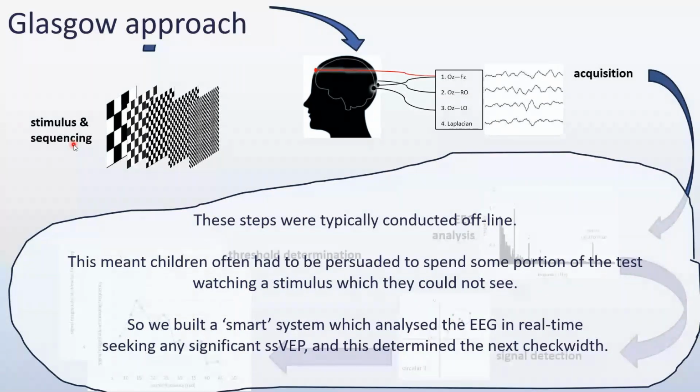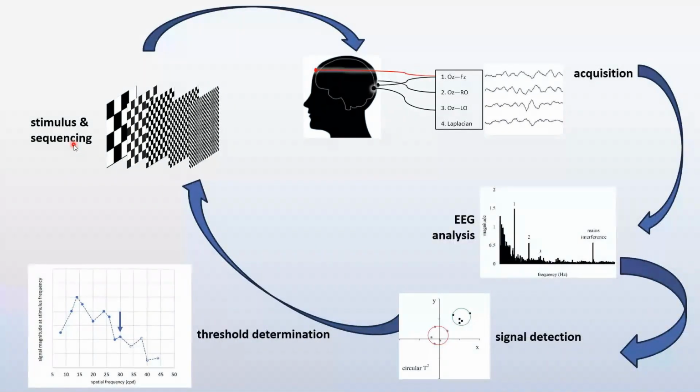So this was where Michael Bradnam's idea came in, to make a smart system. The smart system, quite simple in concept, used real-time analysis of the EEG to govern the size of the next stimulus presented. And by using that idea, we closed the loop. So we start by showing the child a nice big pattern to begin with.